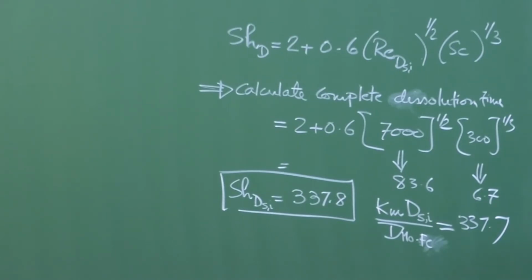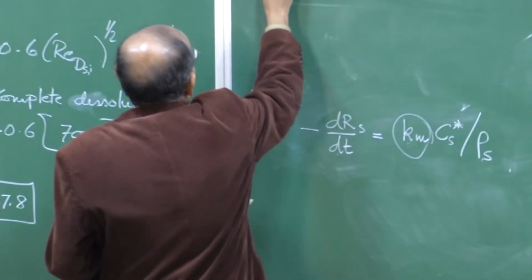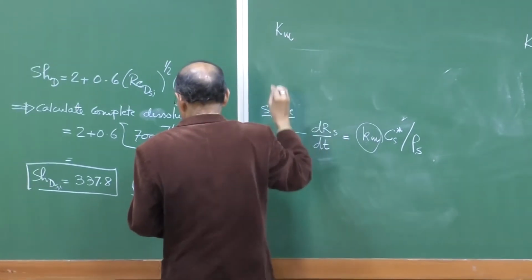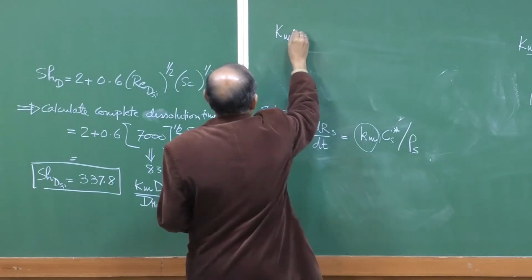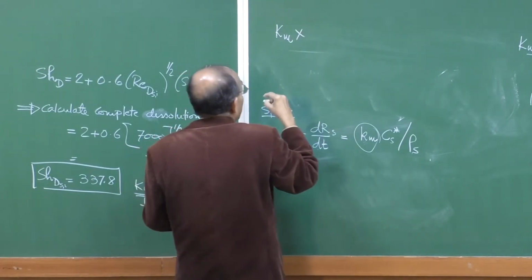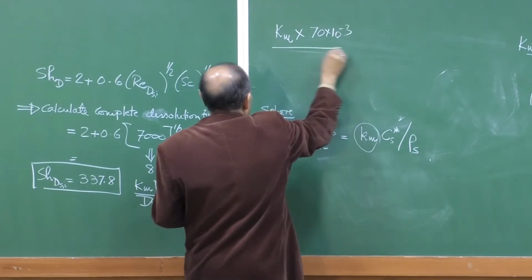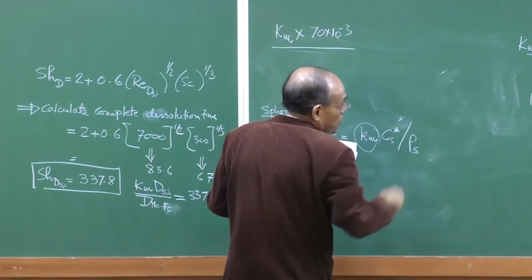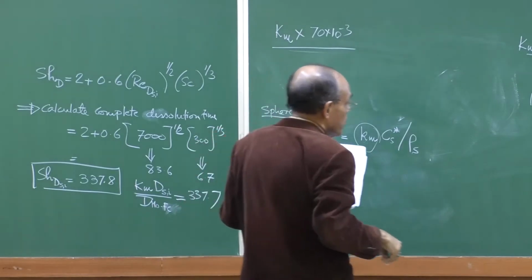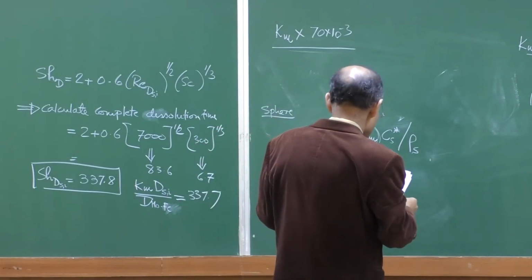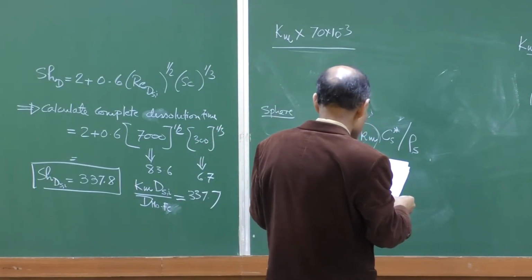So, we can now substitute the values. The value of Km multiplied by the initial diameter of the sphere, which is 70 into 10 to the power minus 3, and diffusion coefficient, from this table we can see that the diffusivity is given.